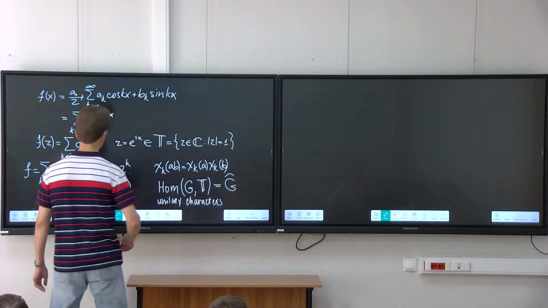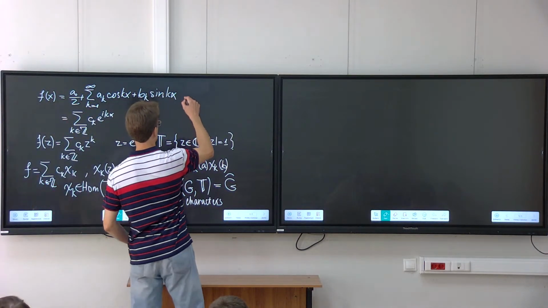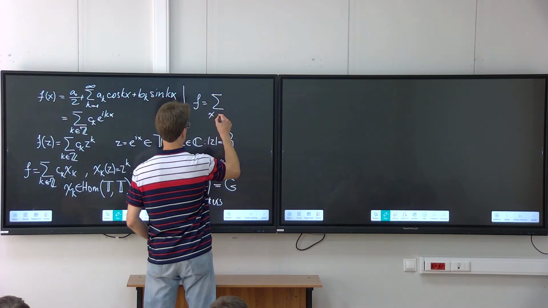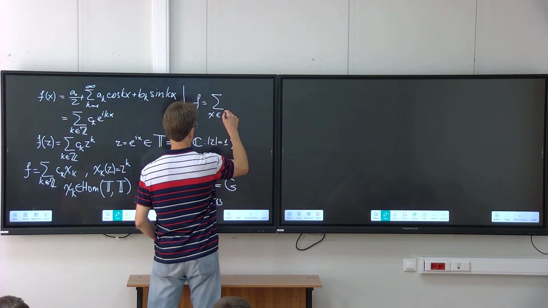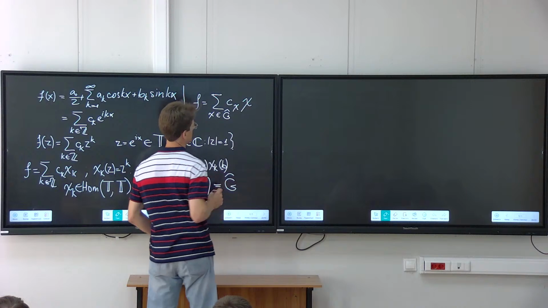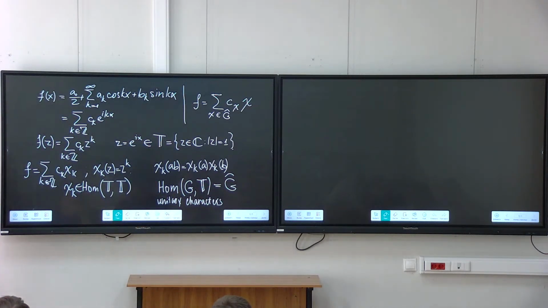So in summary, we see that the Fourier series of a function on the circle can be written in the following form. And why is this so? This is true because we will see shortly that all continuous characters of the circle are of this form. So there are no other characters than these functions.